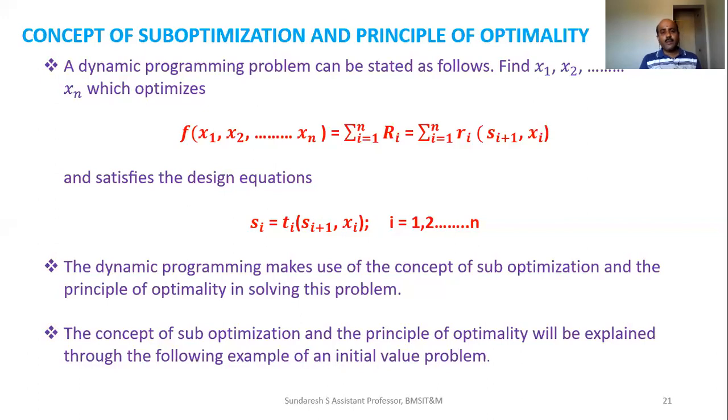A dynamic programming problem can be stated as follows. Find x1, x2 to xn, which optimizes the function, where x1, x2 to xn are called the decision variables.